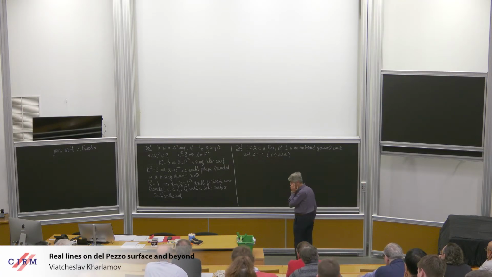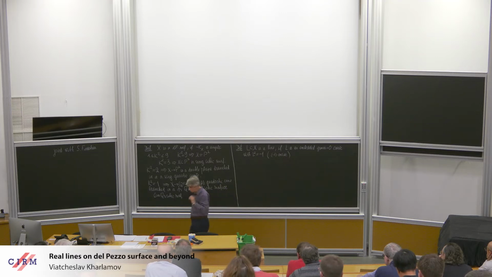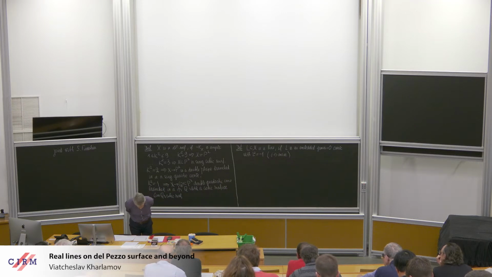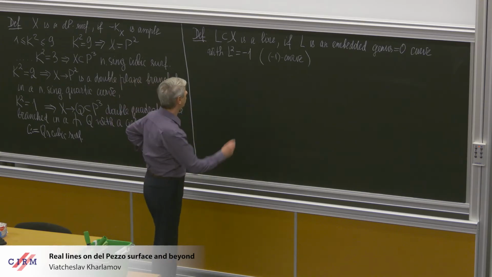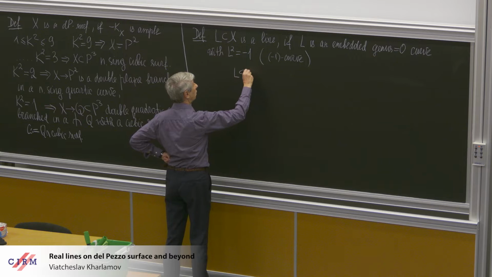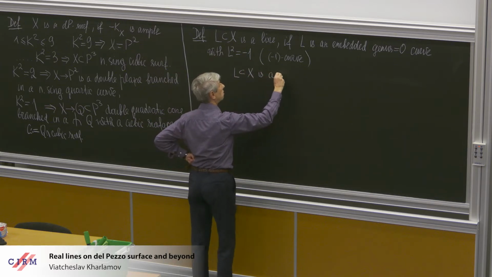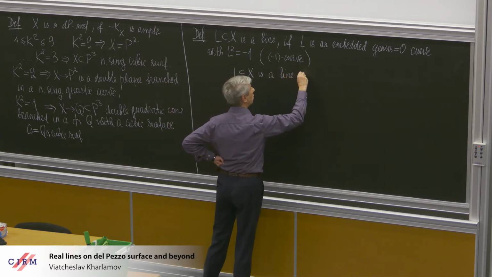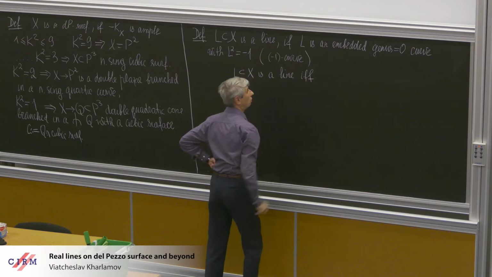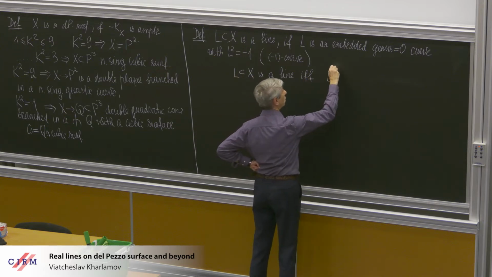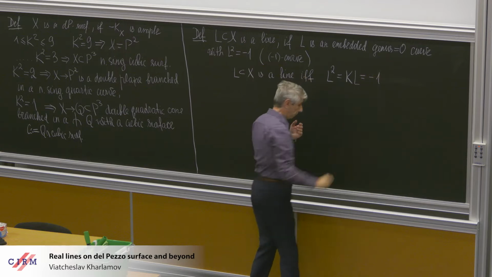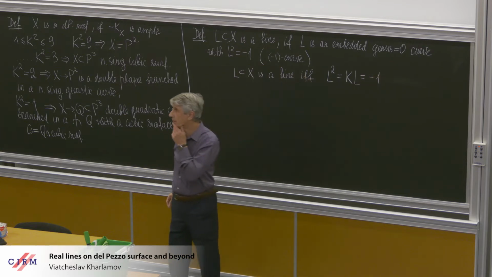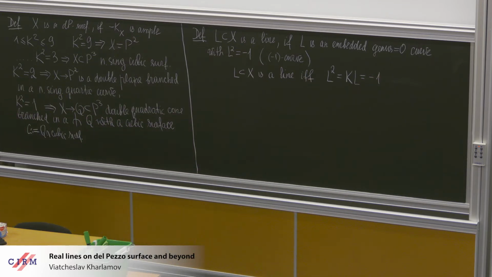Okay, so what's next? I gave the definitions. So an important criterion: L is a line if and only if L square is equal to KL equal to minus 1. And L is reducible?